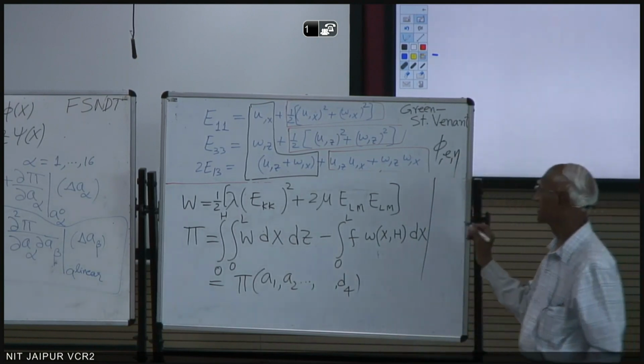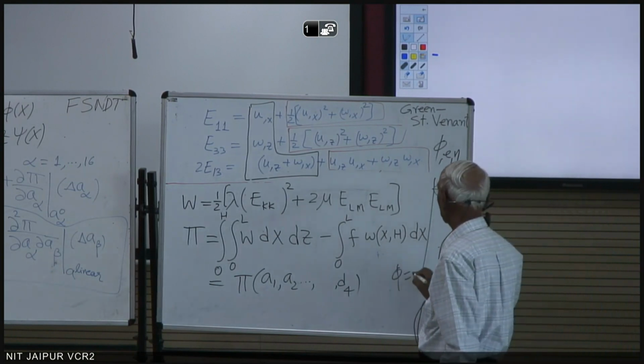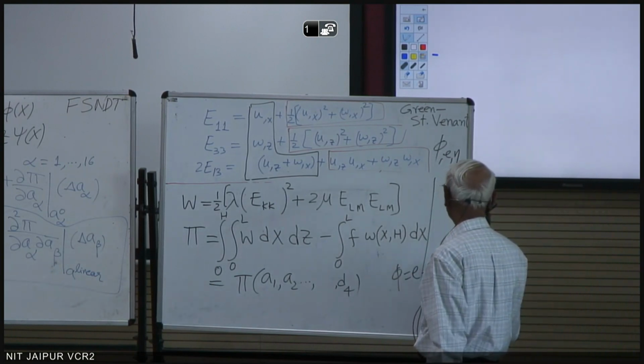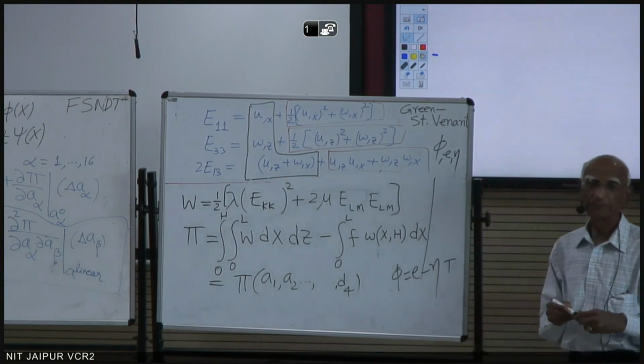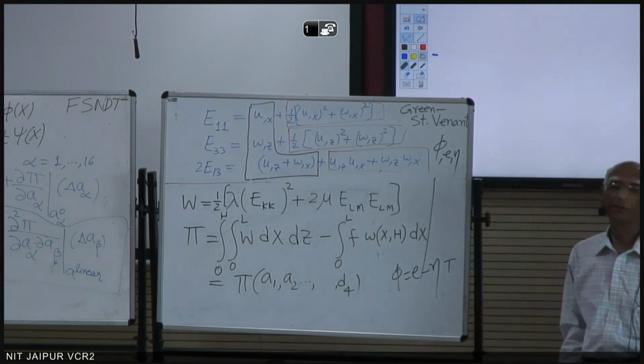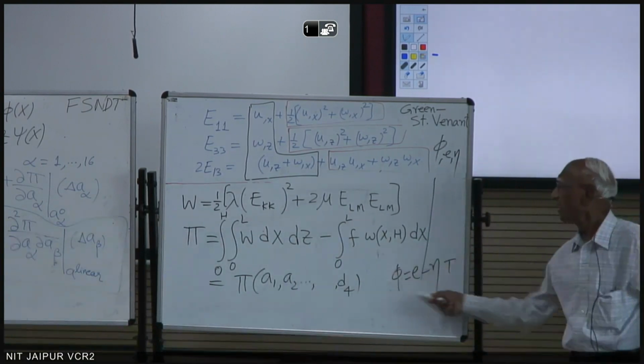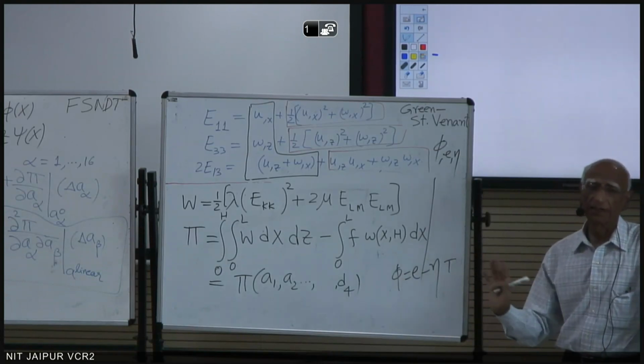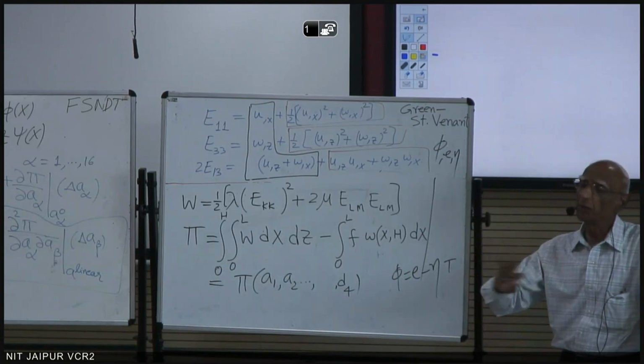So free energy is then internal energy minus eta times temperature. That quantity should have been minimum. All of these will depend upon temperature only, because we had a rigid body.